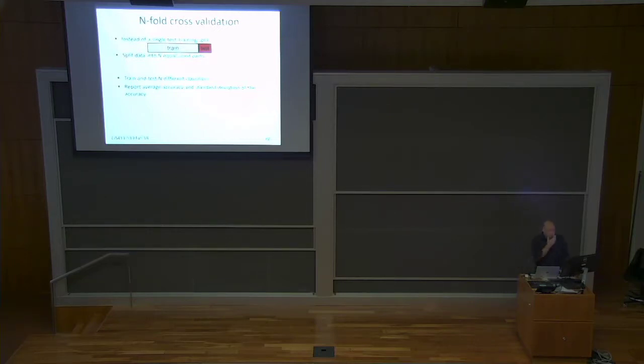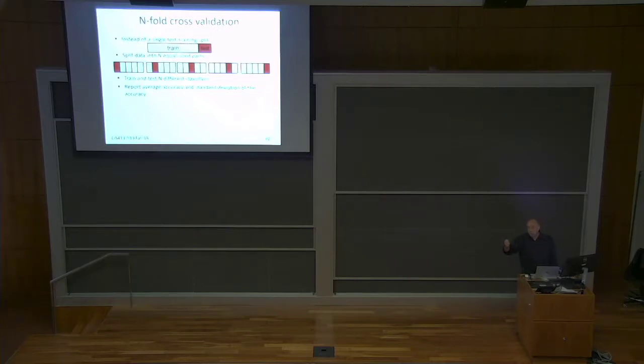Essentially, instead of a single train-test split, train on this, test on this, give me one number, which is your accuracy, we're going to do n-fold cross-validation. You can think about n as ranging from 1, which means you just have a train-test split, up to the size of your data.